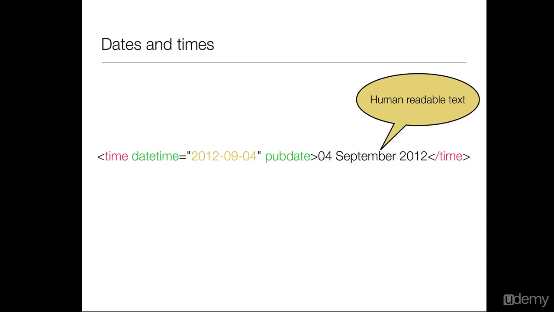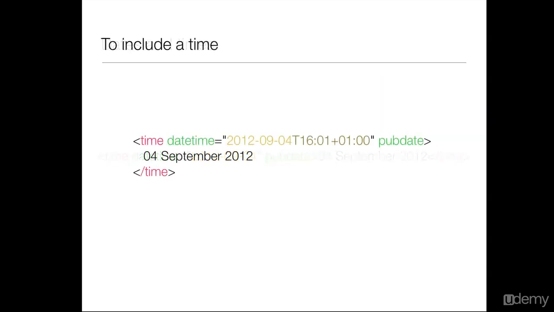We can, as it says, date time, we can expand that to include a time if we wish, by including after the date a T, then the actual time you want, plus an offset from GMT, and again follow that by the natural language expression of the date time for a human reader to read.